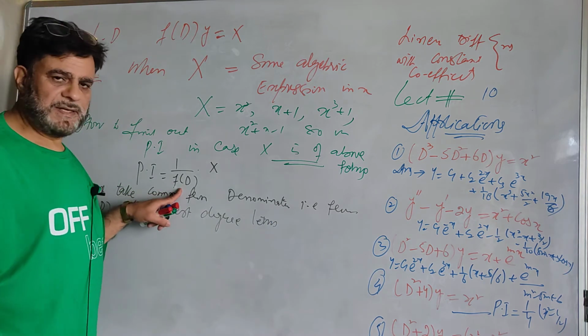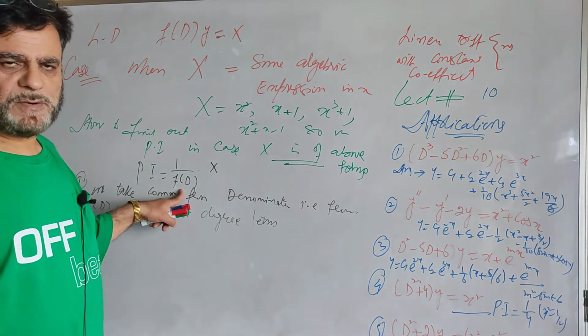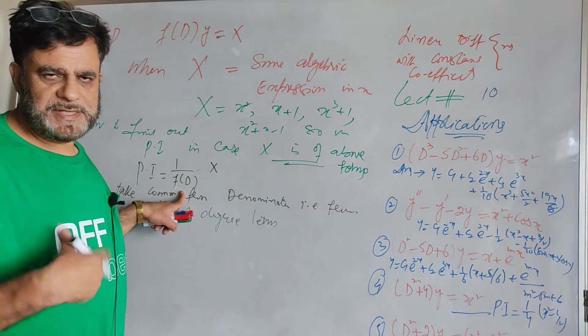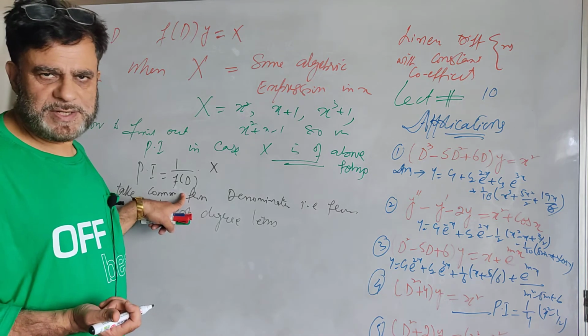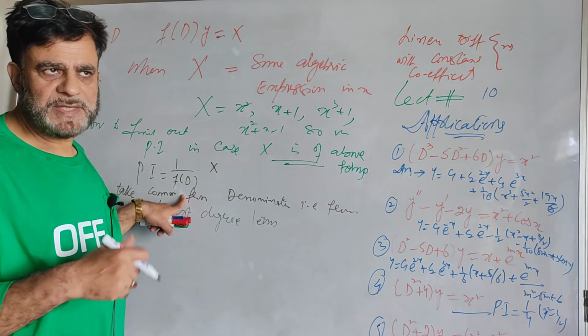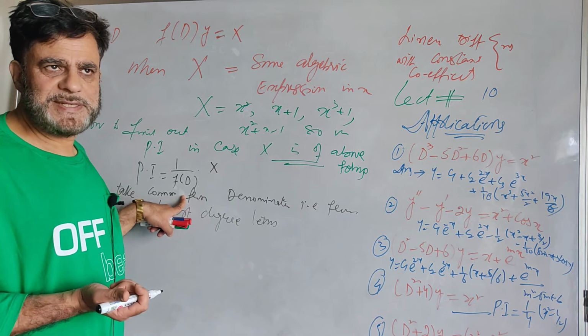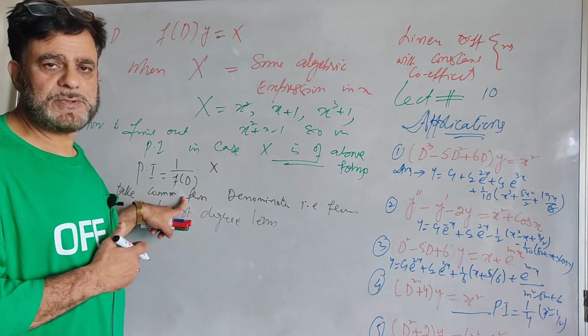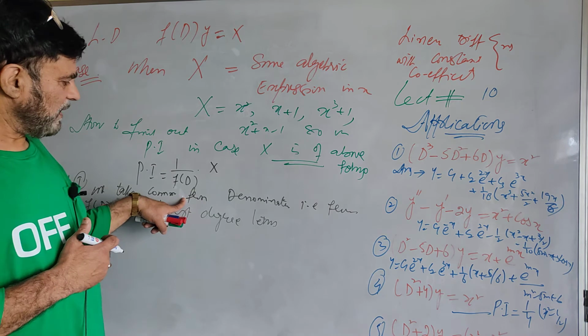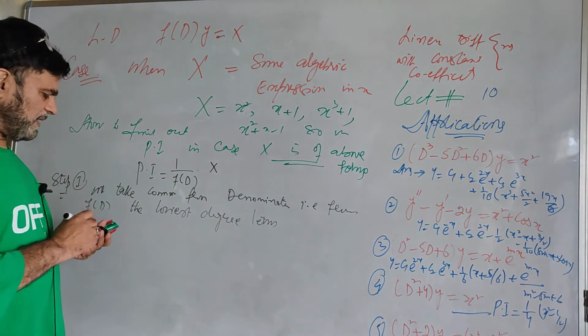It will contain some lowest power of D, raised power 0. When it has a constant, take that constant out. If the lowest power of D is D raised power 1, take that D out. Then why we take it common, it will take this form.